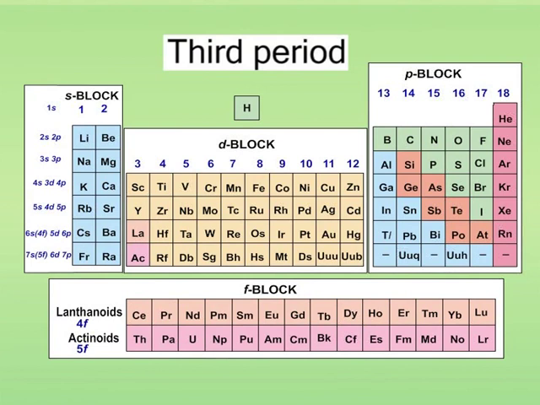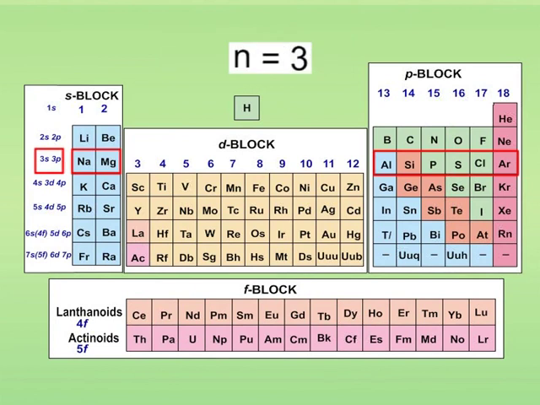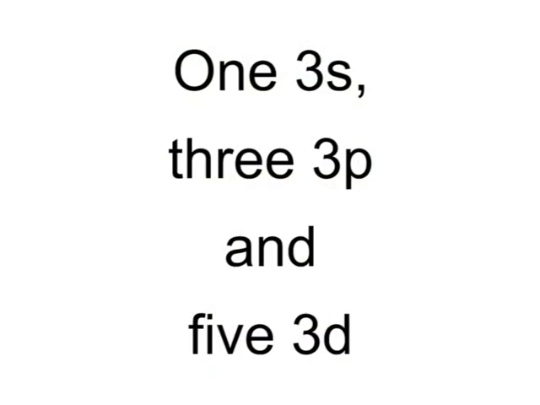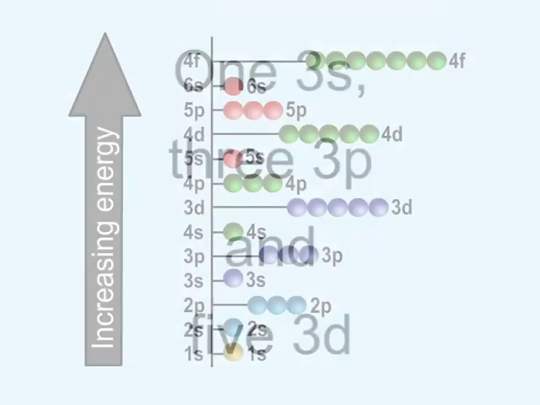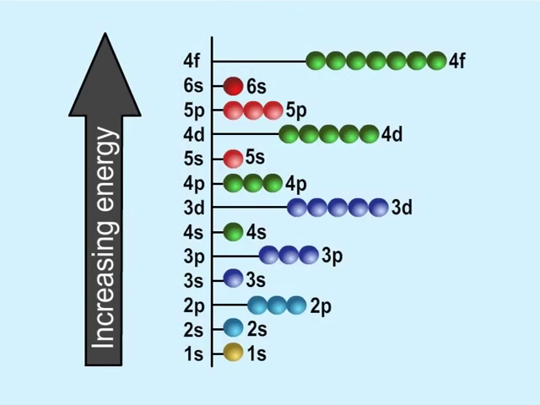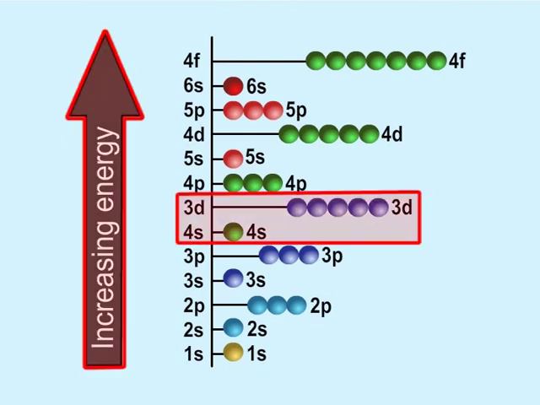The third period corresponds to the filling of electrons in the third shell, that is n equals to 3. This shell has 9 orbitals, one 3s, three 3p and five 3d. However, we know from the energy level diagram for multi-electron atoms that 3d orbitals have even higher energy than 4s orbital.